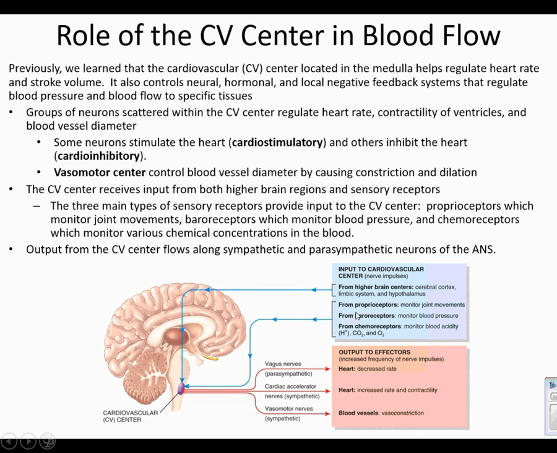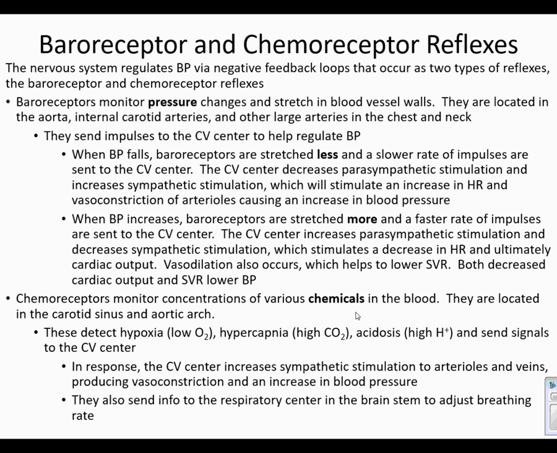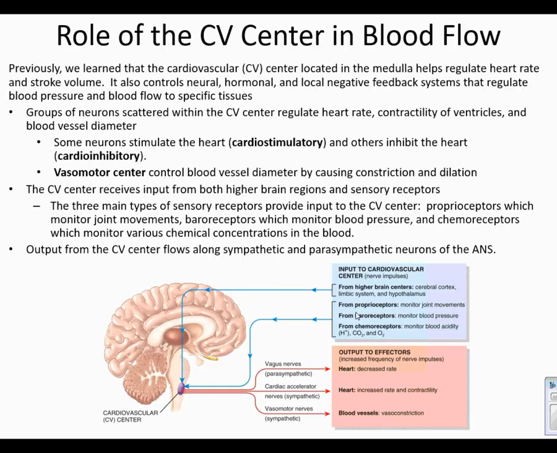So we're going to spend the very beginning of Monday talking about baro and chemoreceptor reflexes. We'll also talk about how higher brain centers, and I mentioned this the other day, like your limbic system, your emotional brain, and I used the old scorned ex-lover cheating on you demonstration or analogy, how that can influence your heart rate and definitely also influence your blood pressure.